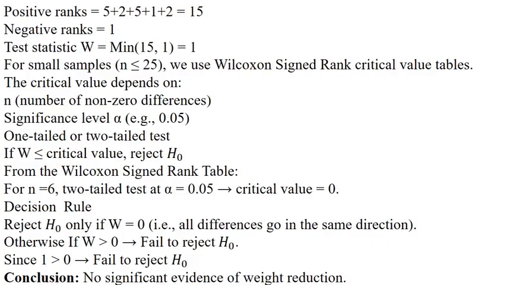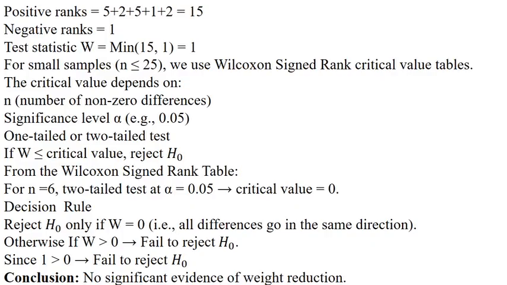For small samples, when our n is less than or equal to 25, we use the Wilcoxon signed rank critical value table. But when our n is greater than 25, we use the normal approximation. Our n is the number of non-zero differences. Our level of significance, alpha, is e.g. 0.05, 0.01, like that.